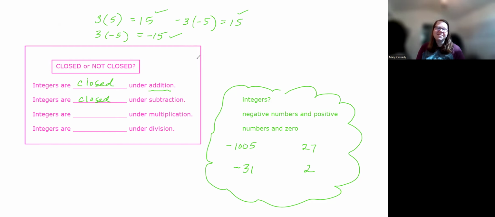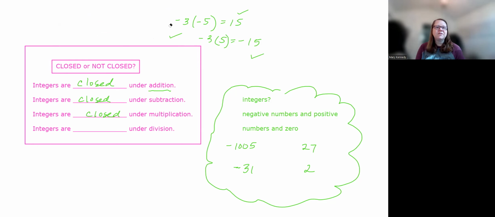That's an integer, so that's good. What else? I've done both positive, both negative. Okay, negative 3 times positive 5 would be negative 15. So I've rearranged all the positives and negatives, and every single time I end up with another integer, another positive or negative number. So integers are closed under multiplication. All right, so far so good. We are batting 1,000 so far.